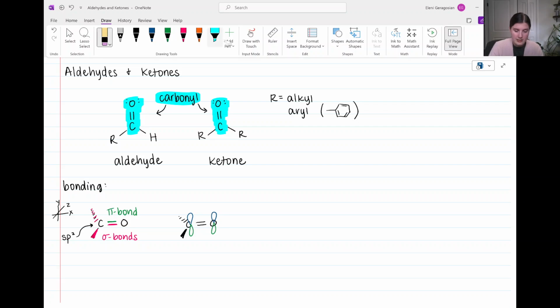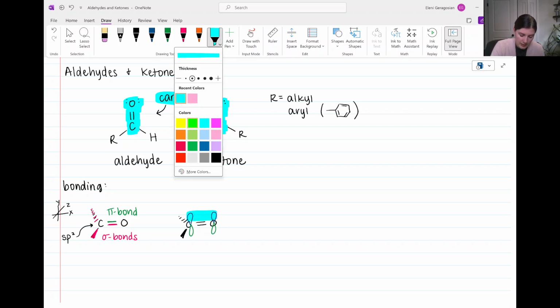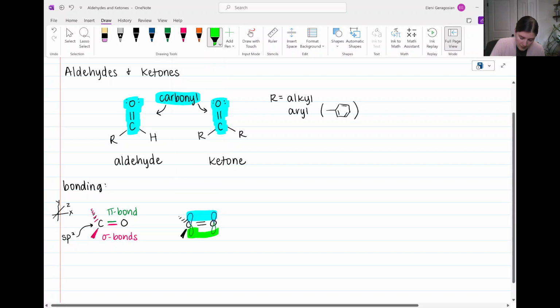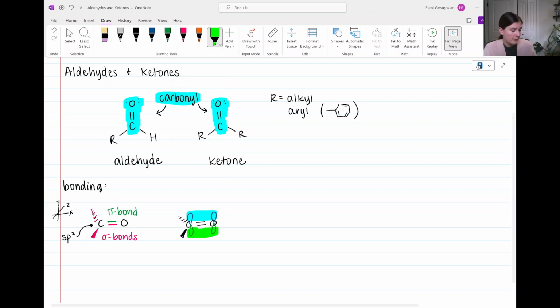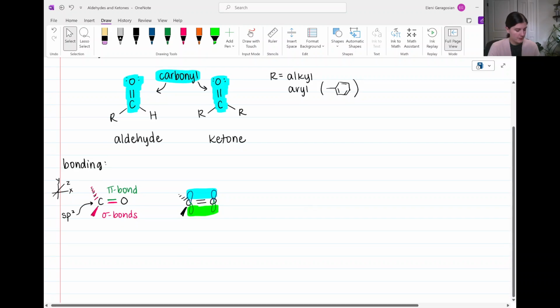What I've just drawn here are the atomic unhybridized p orbitals. When we draw the overlap, as we did with diene molecules, this is the molecular orbital for those 2 p orbital overlaps. We'll talk a little bit more about orbitals in a future video. But this is what the bonding looks like in an aldehyde and a ketone between that carbon and oxygen, where that carbonyl bond exists.